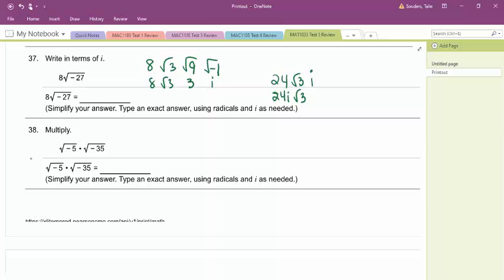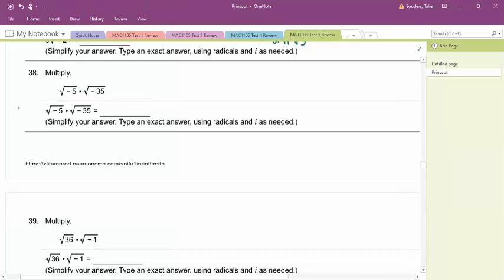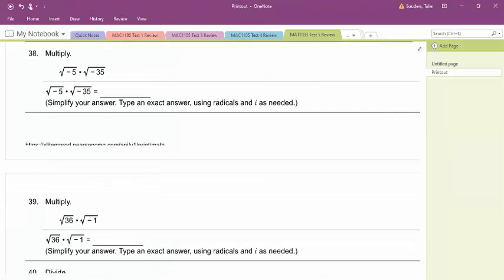Now, when you're multiplying and dividing with radicals, it is important that the radical you're working with is of a positive number if you're dealing with square roots. So what I mean by that is the rule only works that you can multiply them together or divide them together when they're real, not when they're imaginary.